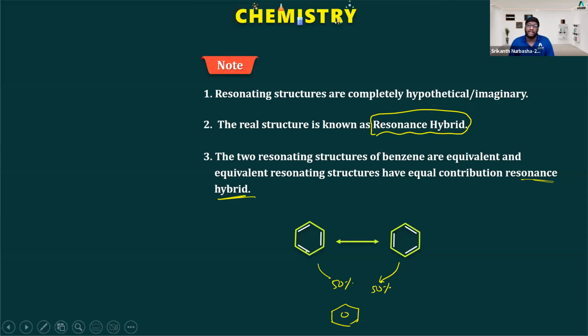Because they are equivalent resonating structures. If we have non-equivalent resonating structures, there will be unequal contribution. That means among different resonating structures, we can also compare the stabilities. The stabilities of resonating structures we will also discuss in the upcoming slides.